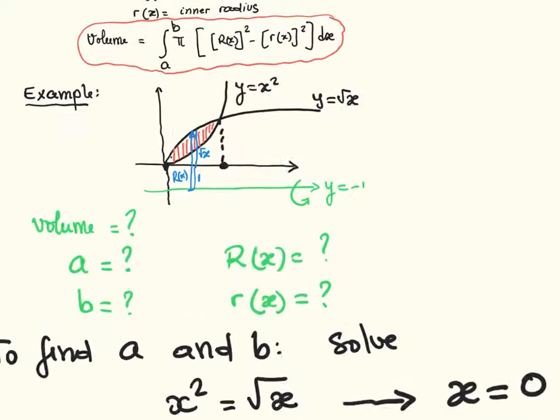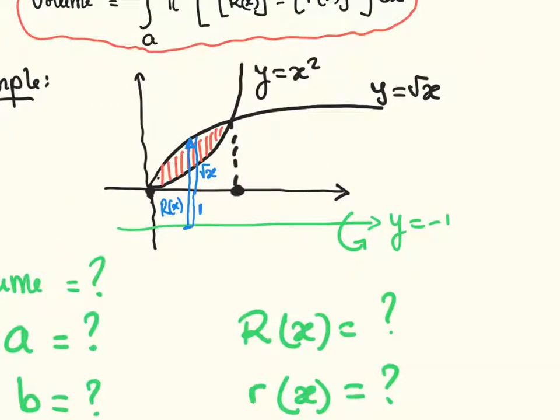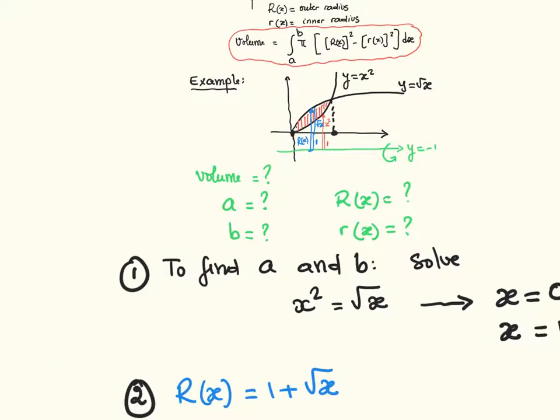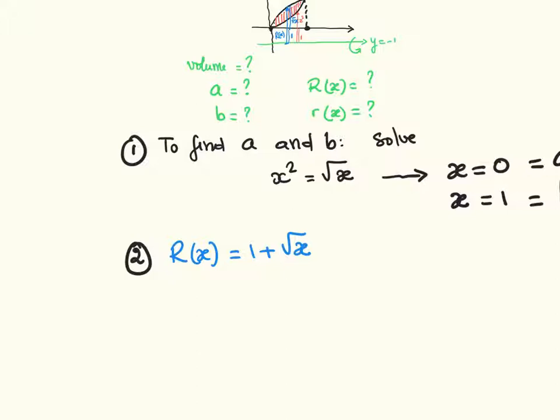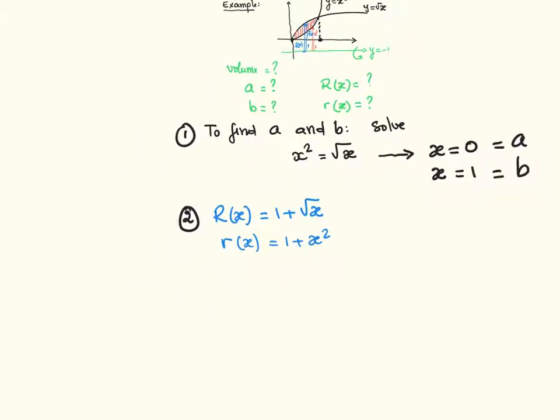And the inner radius, small r, is basically the distance from this to the lower curve here. And in this case, it's basically 1 plus x squared. So small r is 1 plus x squared.